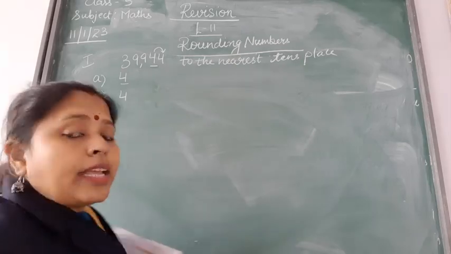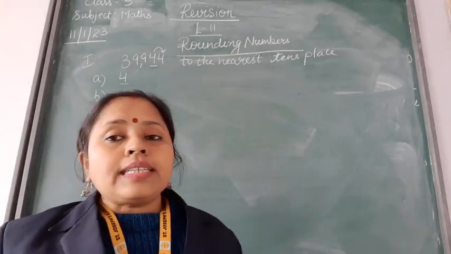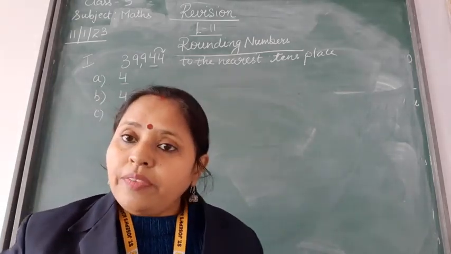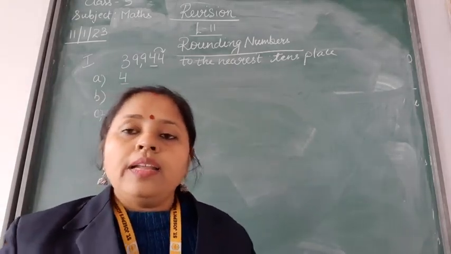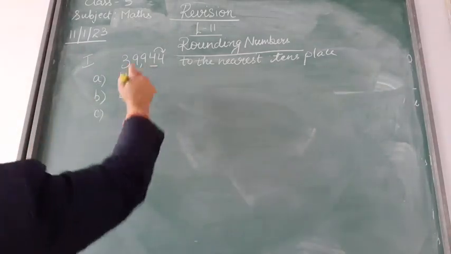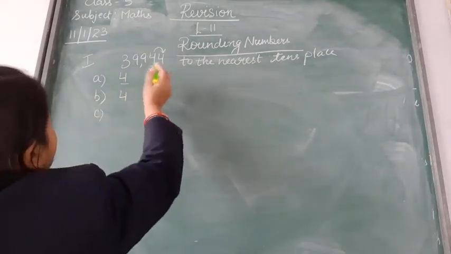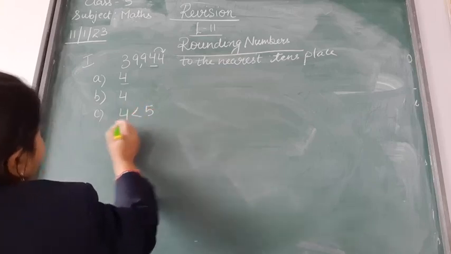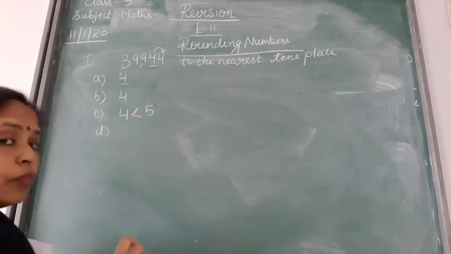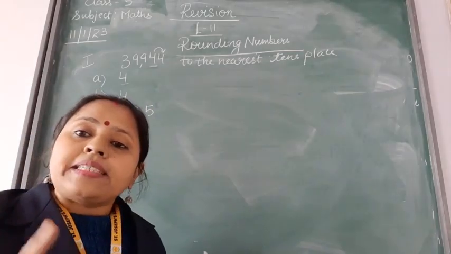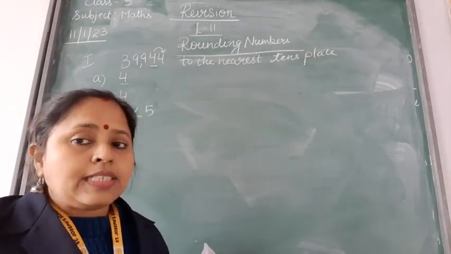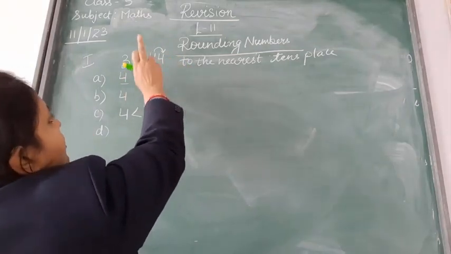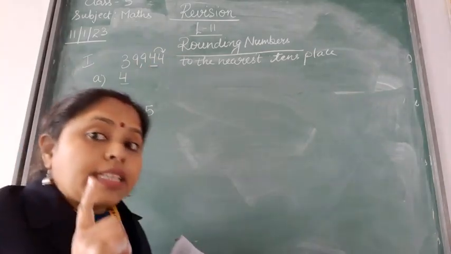Now in our third step, we will check whether the digit on the right hand side of the rounding off place is bigger than 5, equal to 5 or less than 5. In this case, the digit on the right hand side of the rounding off place is 4, and 4 is less than 5. So in our next step, we will not change the digit at the rounding off place. If the digit on the right hand side of the rounding off place is less than 5, we will not change the digit at the rounding off place.